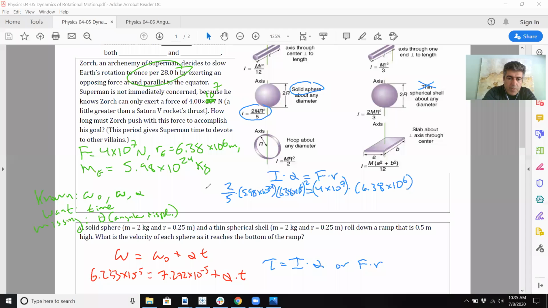And again, you do have alpha as well. So I'll put the alpha right there. So we can solve for alpha in this fashion.